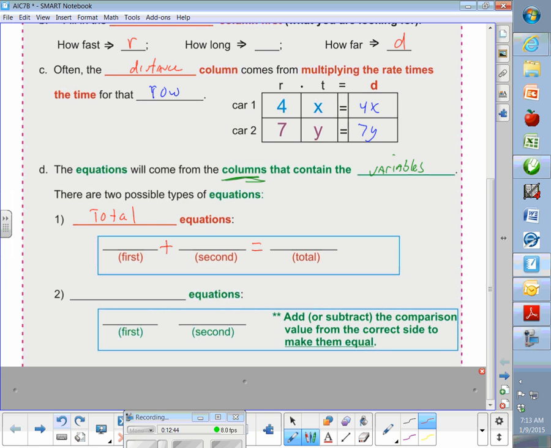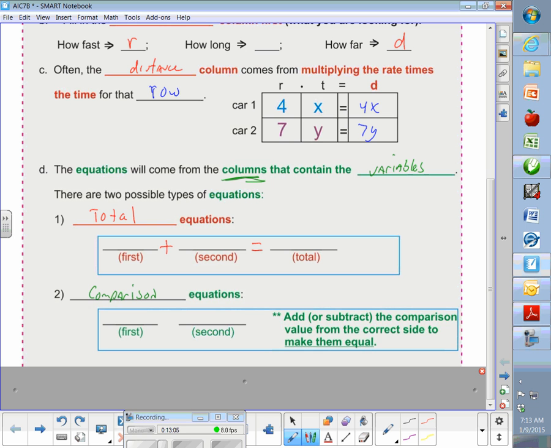What is the second kind of equation? You can have total equations or comparison equations. All right, a comparison is things that are compared.